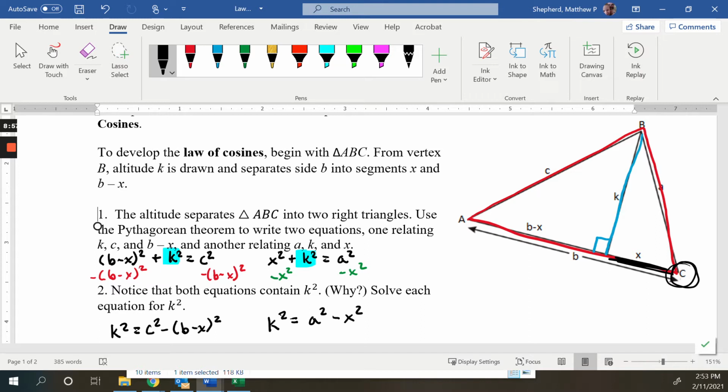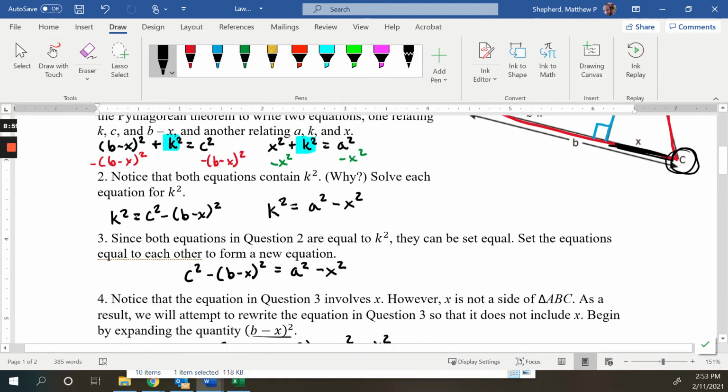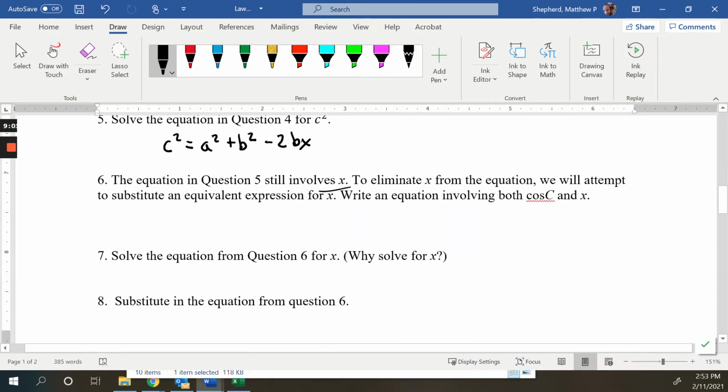So that'll be x over a. So cosine of c is equal to x over a. Great, I've got that. Here's why this is useful. We can solve for x to then know what we can substitute in for that x.